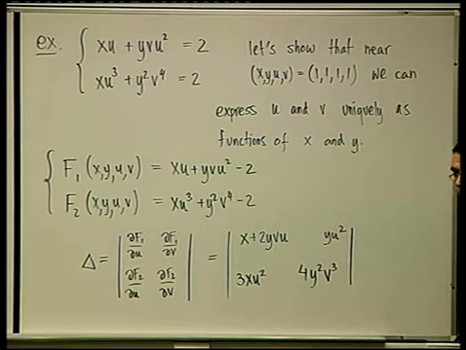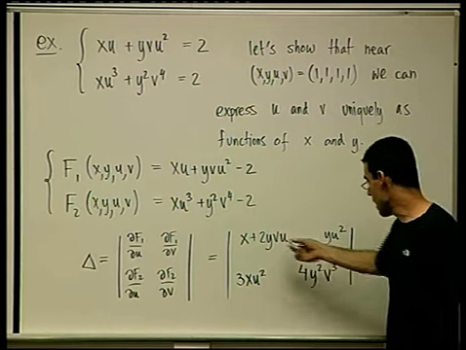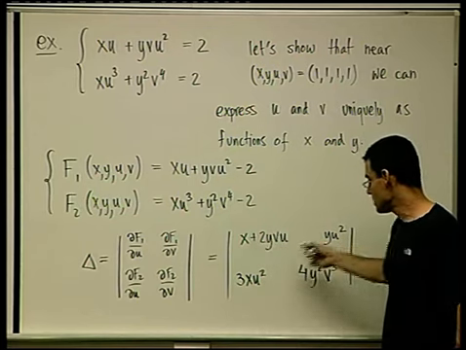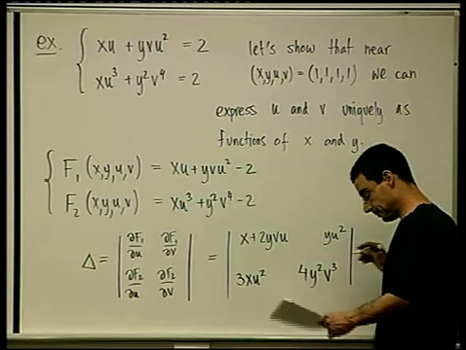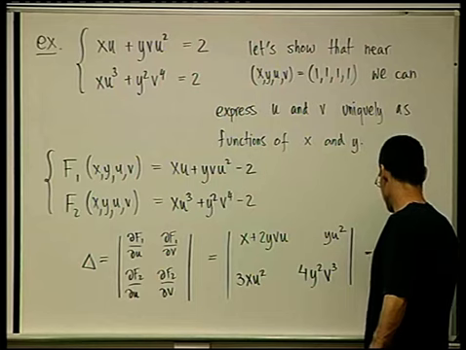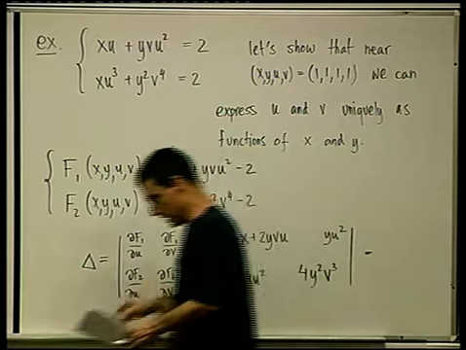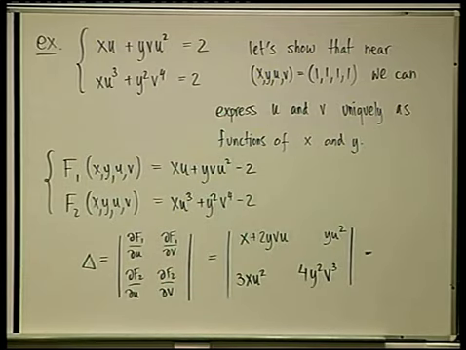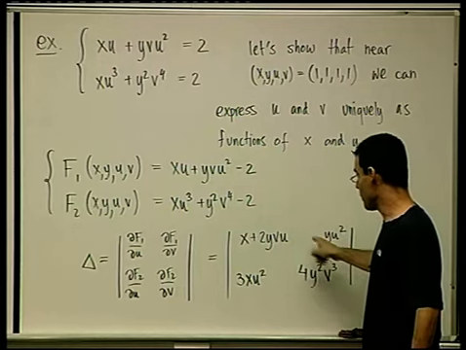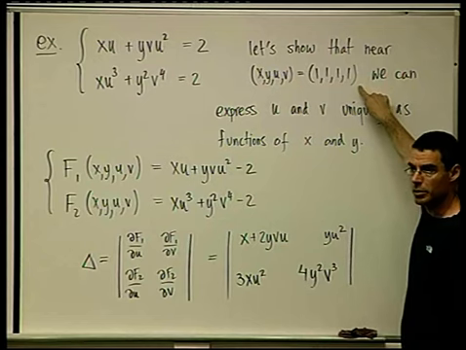Clear? How do we calculate a 2 by 2 determinant? It's this times this minus this times this. Remember that? So what do we get? Before we do that, it's actually easier to plug in the values first, right? What do we want to verify? We want to verify that this thing at the point we're interested in is not 0.